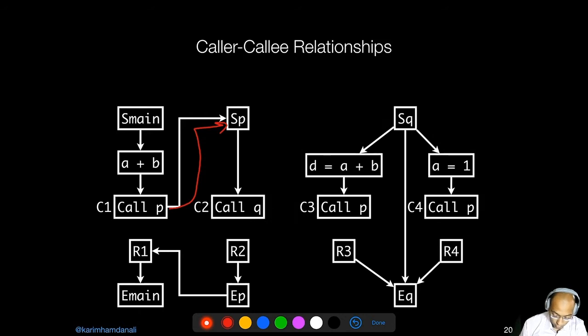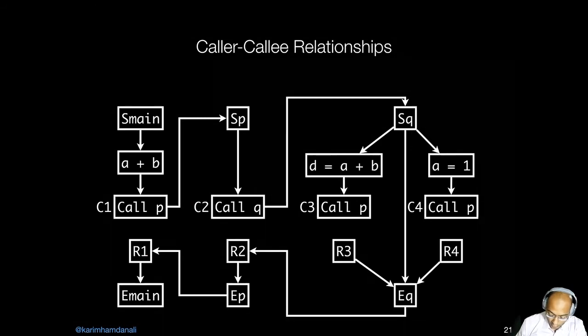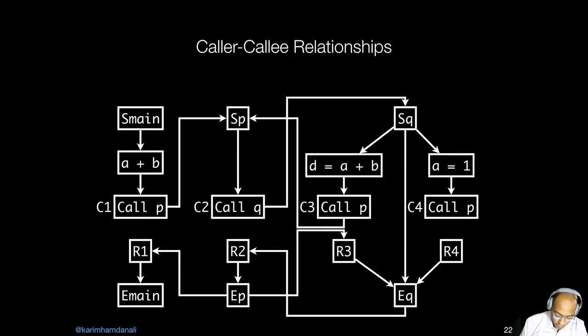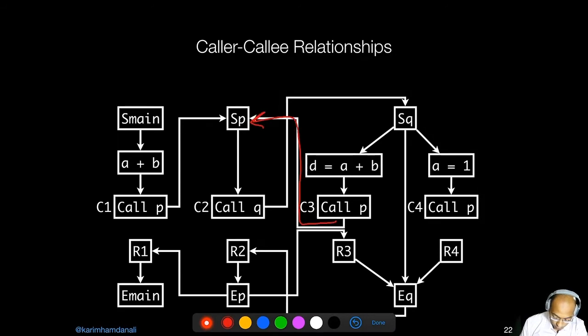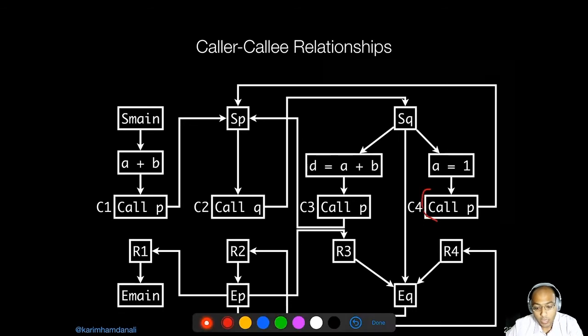And the same thing for Q, I'm going to connect that to SQ, and I'm going to connect the end to R2. Same thing for these calls to P here, I'm going to connect C3 to calling P, and I'm going to connect the return or the end of that method to R3, and same thing for the last call that I have in my program, which is call P here on that side. I'm going to connect that to SP and the end of P to R4.